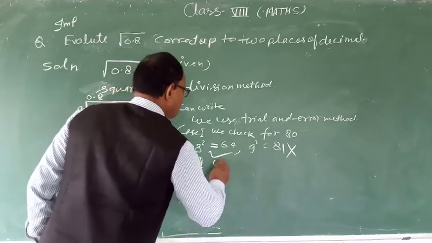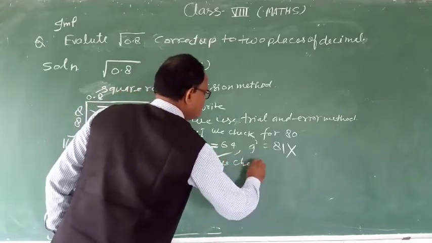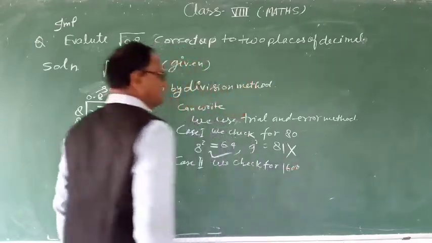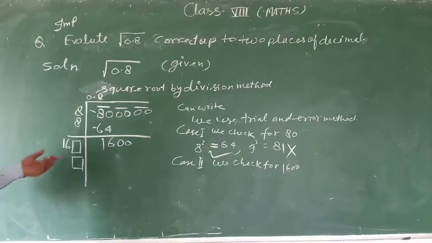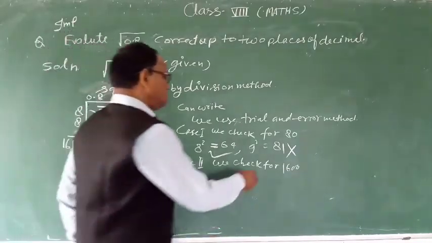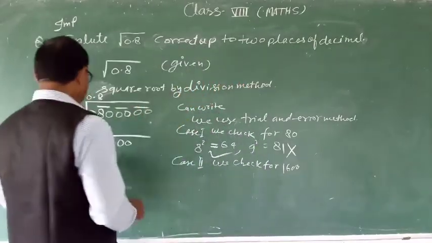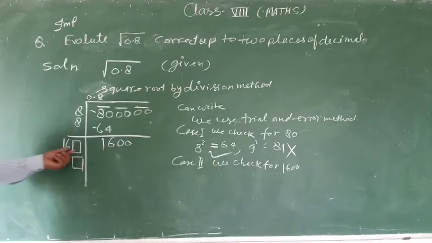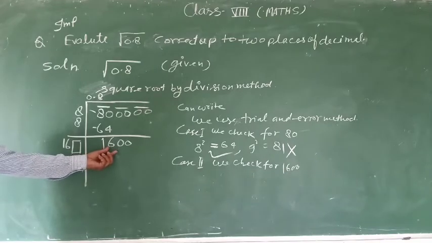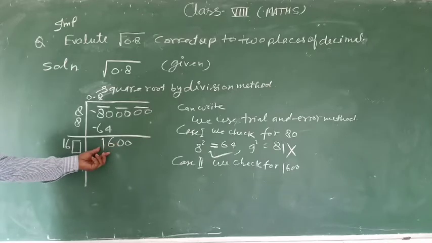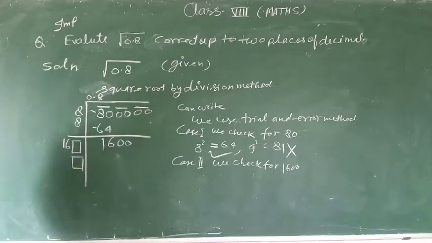Case second, we check for 1600. Okay students, here which number's square multiplied in this gives 1600, not more than 1600, less than or equal to 1600?